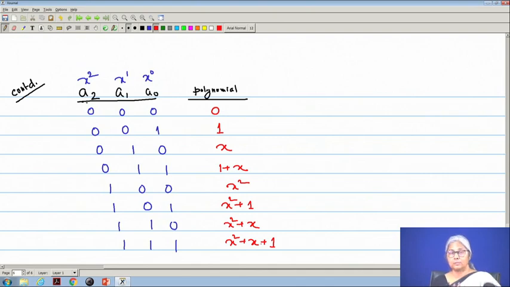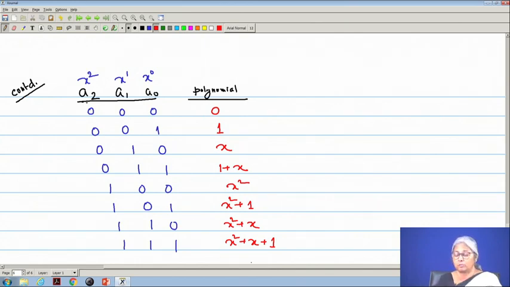So, actually the binary values, when it is in Z2, that means it can take only 0 and 1. So, that is why this is the same as our binary codes, and this is the binary representation of these polynomials.